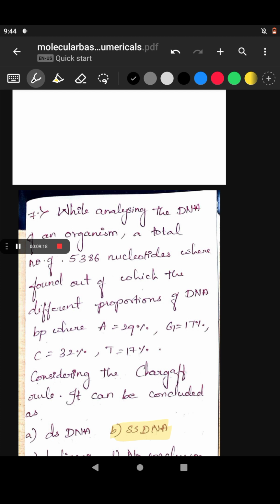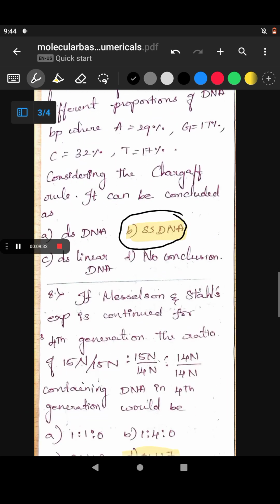As per Edwin Chargaff's base equivalence rule, the amount of adenine should always equal thymine, but there is no equality here. From this we can conclude that the given DNA is not double-stranded, but rather single-stranded.